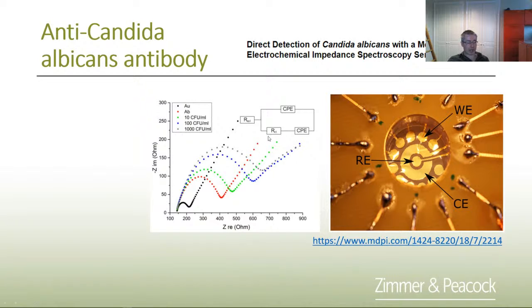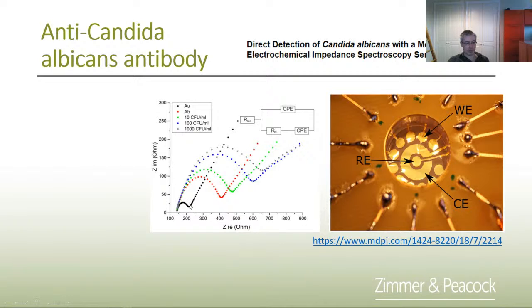Effectively, what happens is they start off with a gold electrode. They get what's called a Nyquist plot, and we will discuss what a Nyquist plot is in a minute. We have discussed them in the past, but they get a Nyquist plot, which is this black line. It tells us that this gold electrode doesn't have a high resistance or high capacitance.